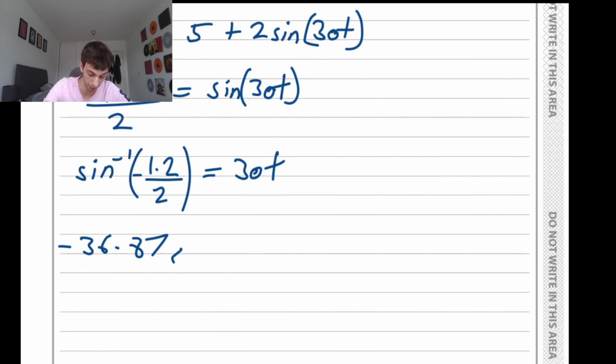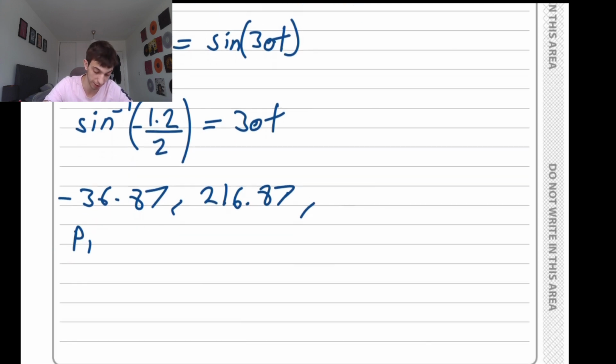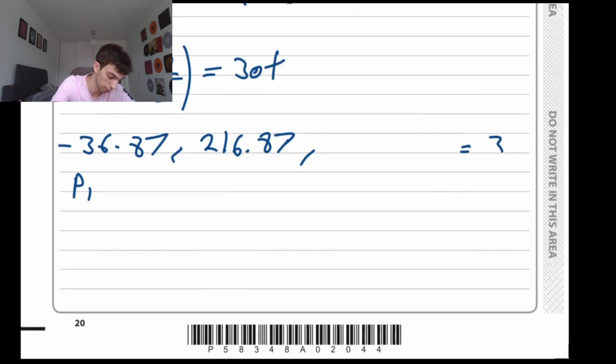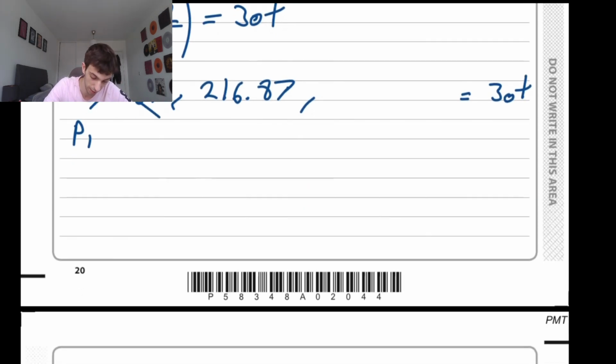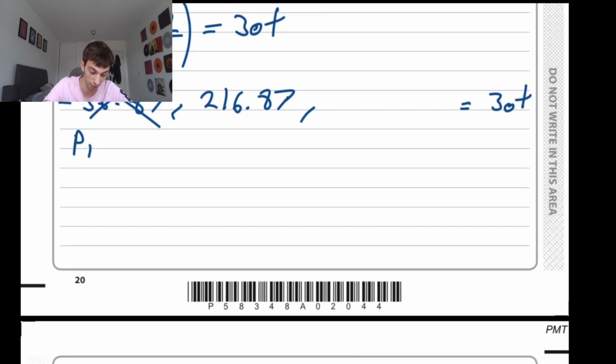So we know this is not going to be the correct value. This is our primary value, we can call it P1. Our secondary value for sine will be 180 take away our primary value. So this will give us 216.87. So this could be a viable value for t, if we were to divide this by 30, because remember, these are the solutions to 30t. So dividing by 30, we don't even have to consider the minus 36.87, but we can consider 216.87.